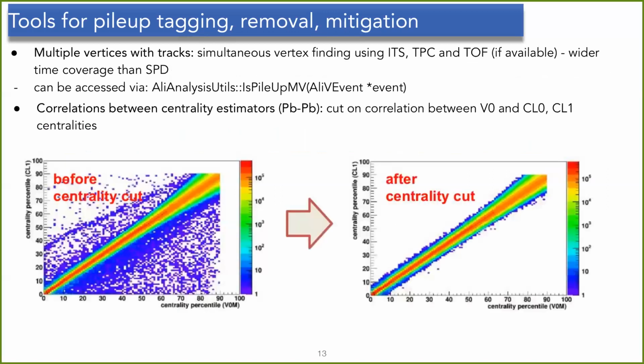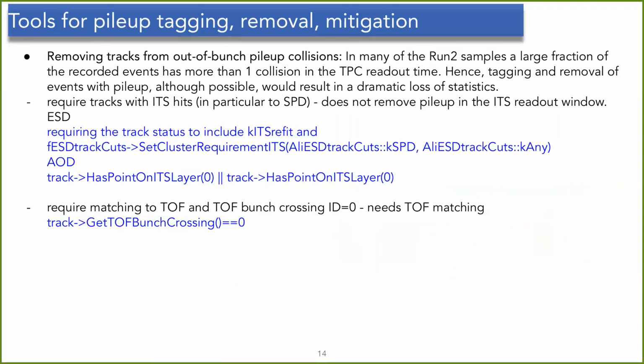Now, till now I have told you how to reject this pileup event. Using this cut, you can directly reject the events. But there is also the possibility that you do not reject the event, you just reject the tracks that are coming from the pileup event. And why do you need to do so? In many of the run samples, a large fraction of data is recorded where you have more than one collision in the TPC readout.